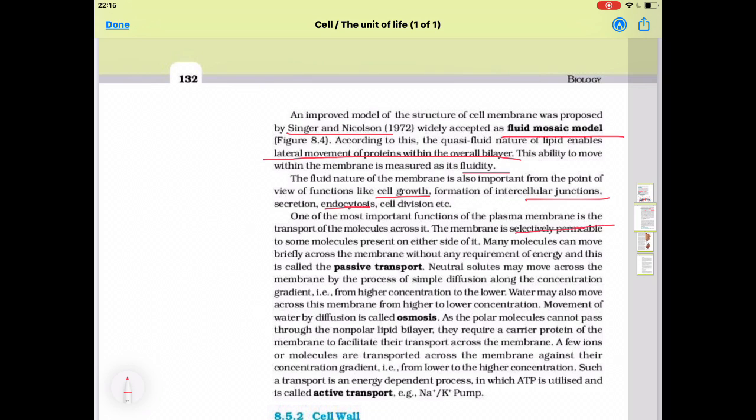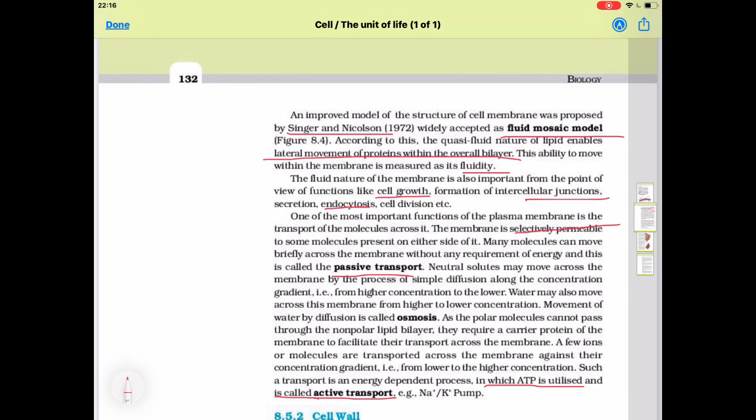Cell membrane shows two types of movement, active transport and passive transport. Active transport, in which energy in the form of ATP is used. Certain molecules are transported by using some energy in the form of ATP molecules. That is known as active transport.